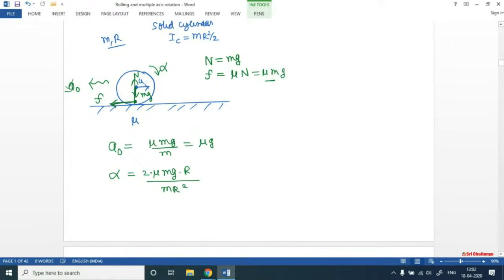So the value of alpha we have got is 2 mu g by r.